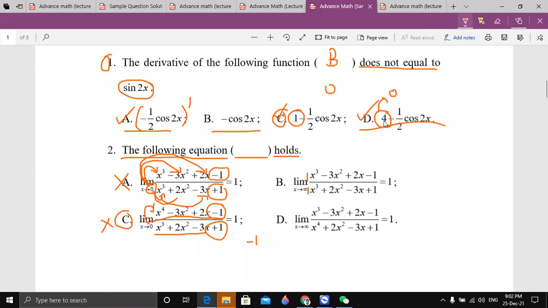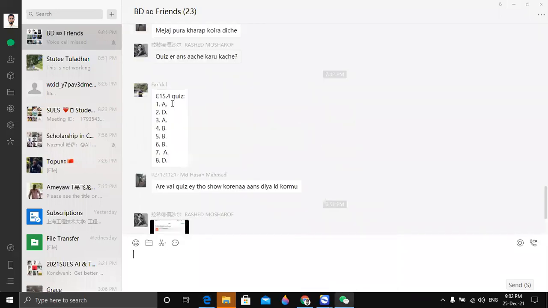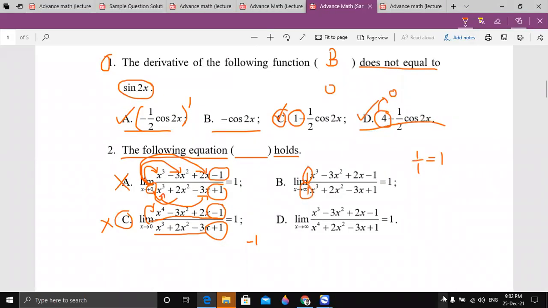It is called coefficient. So you have to take the coefficient of the highest power. So you see here we have 1 and 1 here. So 1 divided by 1 will make 1, right? Okay, so this one is correct, right?